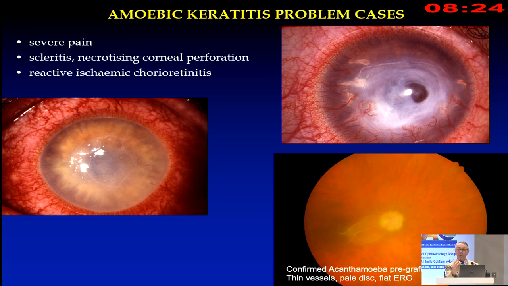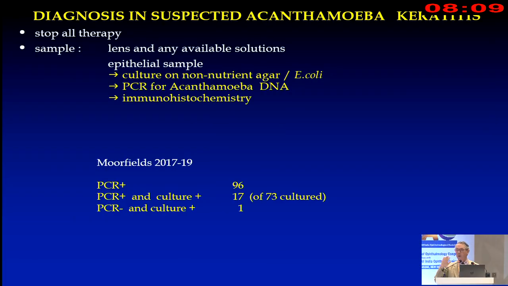This is a picture very like central retinal artery occlusion without the cherry red spot. These are unusual acanthamoeba patients, but they are exceptionally difficult to manage. And of course, in the context of retinitis, there is no prospect of restoring vision.